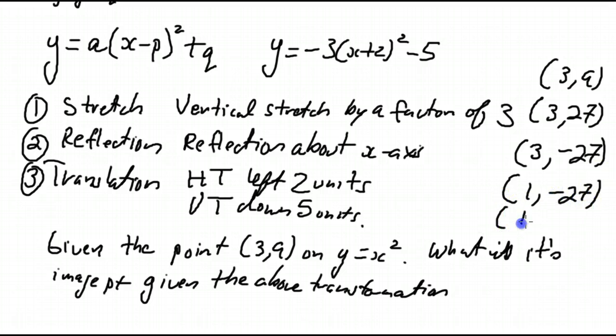And then down 5 makes this (1, -32). So if you have to describe what happened to a given point, even if it were the point (x, y), this would be then (x, 3y), (x, -3y), (x - 2, -3y), and (x - 2, -3y - 5). Right, that would be the tracing out of some general image point.